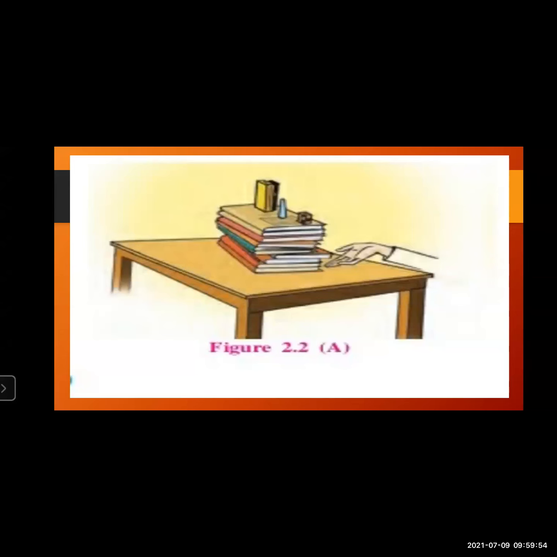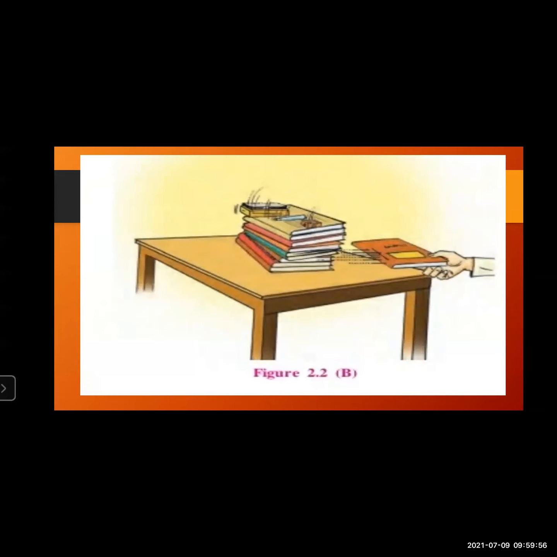We'll see in the next slide, that is 2.2. Now quickly take out a notebook without affecting others. Without affecting others, you have to take out one notebook from the middle of it, and you will find that as you lifted one book from the middle, there was a slow movement.